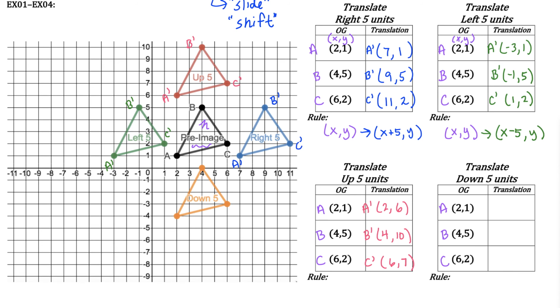So we had x's and y's. But if you notice, since we went up, that's a y change. So not an x. So the 2, the 4, and the 6, the x's, they stayed the same.